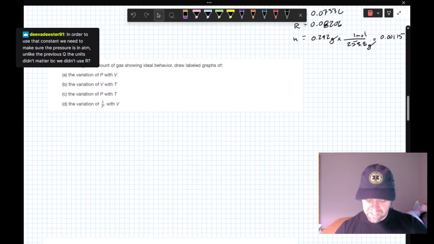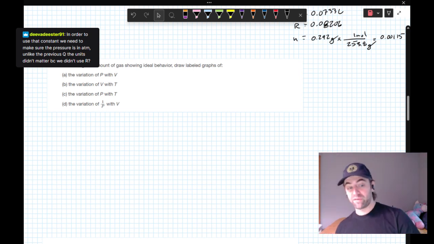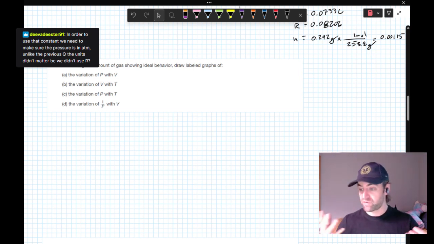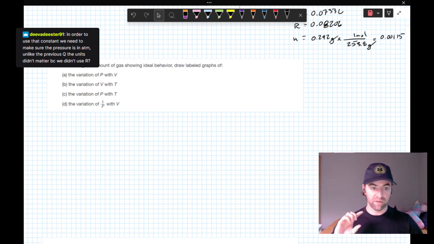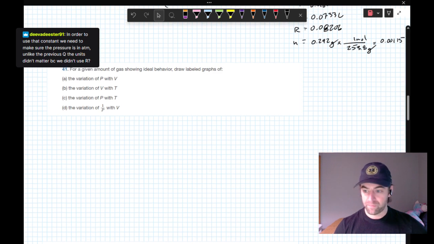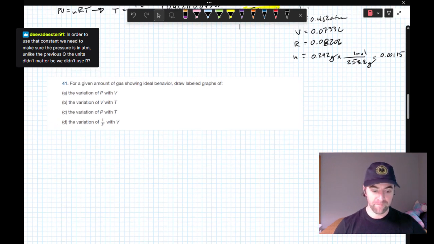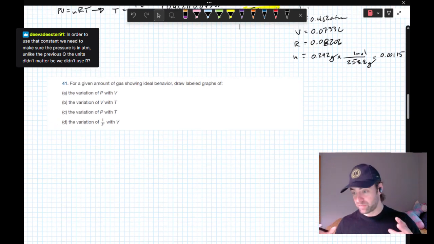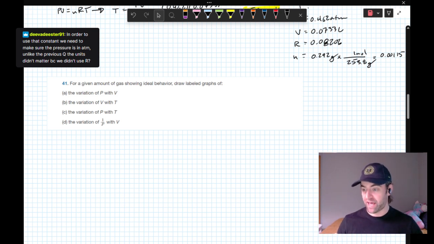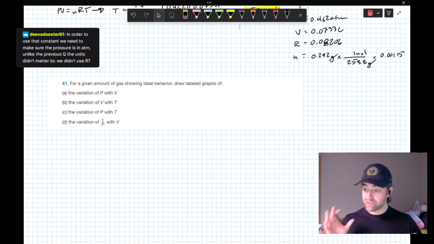All right. So this is more of a conceptual problem, and I really like these for lots of reasons. But we're looking at the mathematical relationships between these characteristics, and we can kind of visualize them too. If you think of a massless balloon filled with some ideal gas, if you increase the temperature, those atoms are going to bounce around a lot faster.